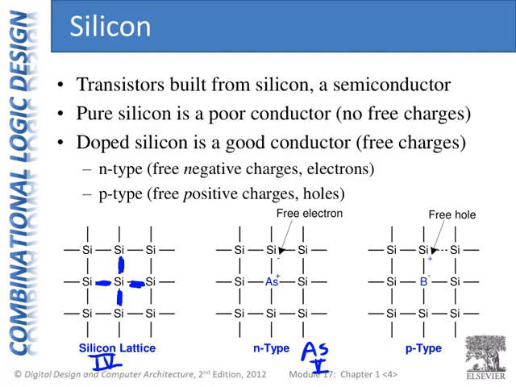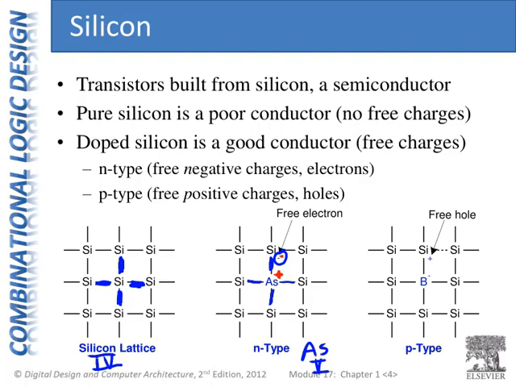So 4 of those electrons bond with its neighboring silicon atoms. And then a 5th electron does not form a bond with the neighboring silicon atoms and floats around. That leaves the arsenic atom positively charged, so it becomes a positive ion.